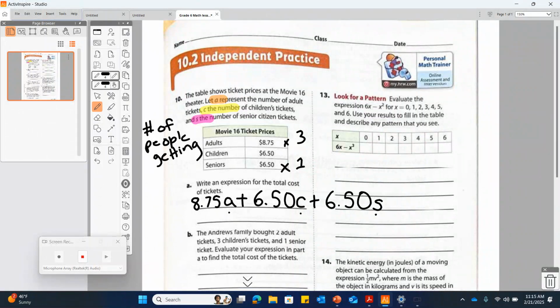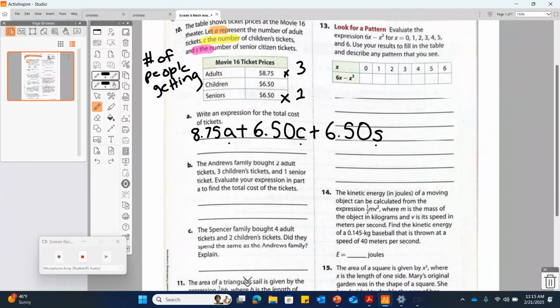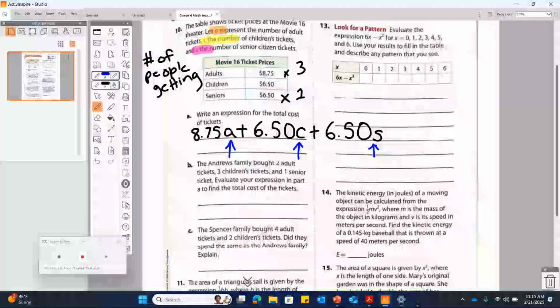So here's an example of how this would actually work. Okay? So we're going to do what's called substitution, which means we are going to substitute in numbers or values for A, C, and S, depending upon the problem. So the Andrews family bought 2 adult tickets. Okay? So for that A, I'm going to put in the number 2, and those are still $8.75.